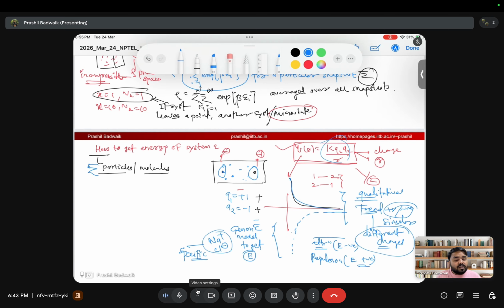Then I also need to define the diameter and various other properties of these atoms, right? So in that case, for a particular model, this is called a molecular force field, which is chemistry based.